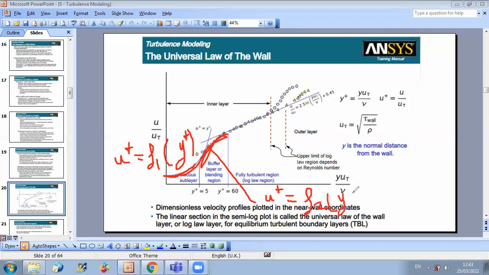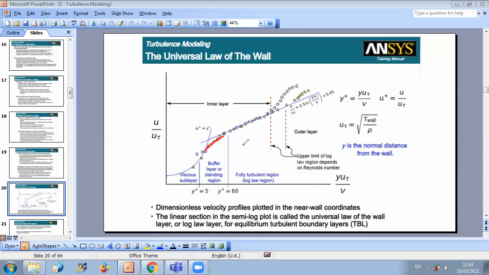And you can see that as I go far, mainly in the buffer region here, you can identify a profile. And just after it, when you start the fully turbulent region, you have a change in profile. You start to see a straight line variation, so a constant slope of variation between u plus and y plus.